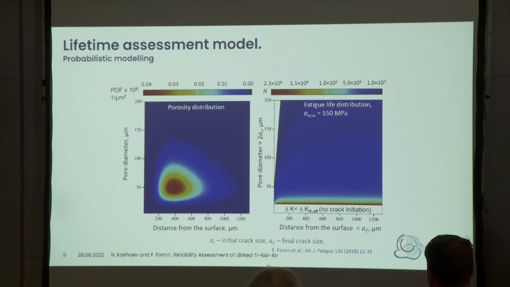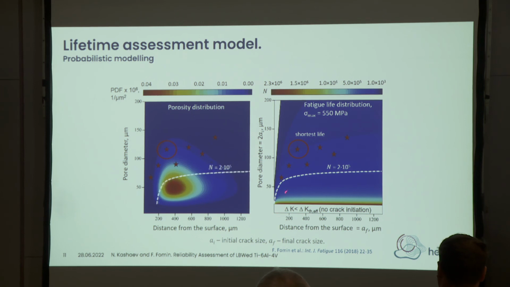As you can see, if we are in this region below, then the driving force will result in a stress intensity factor below the threshold, and it means the cracks are arrested. Each point on this diagram can be transferred to the right diagram, and the results indicate that the shortest life is not always related to the largest pore. It's a competition between distance from the surface and pore diameter.